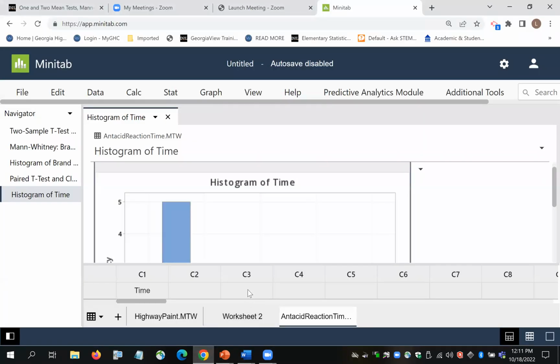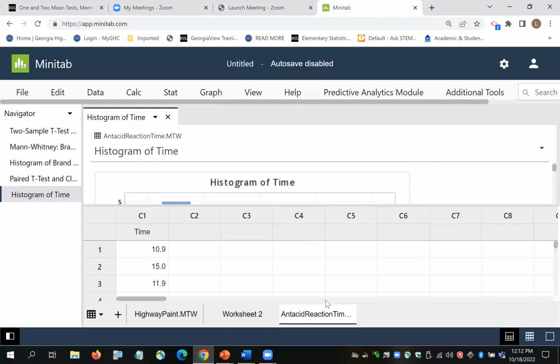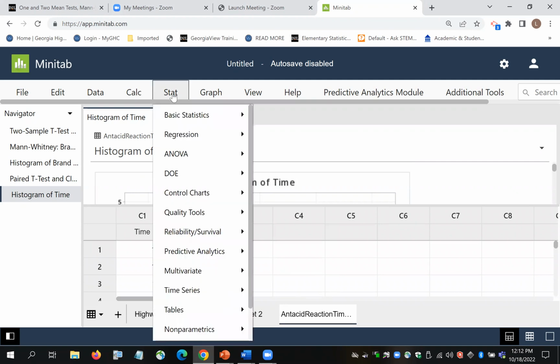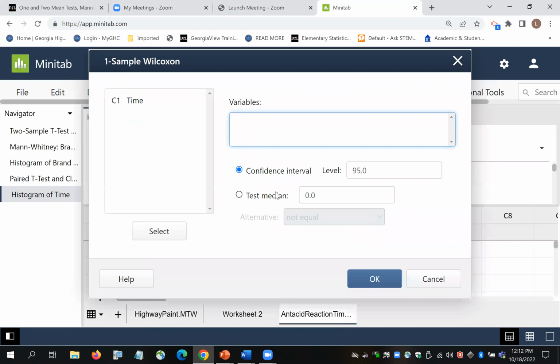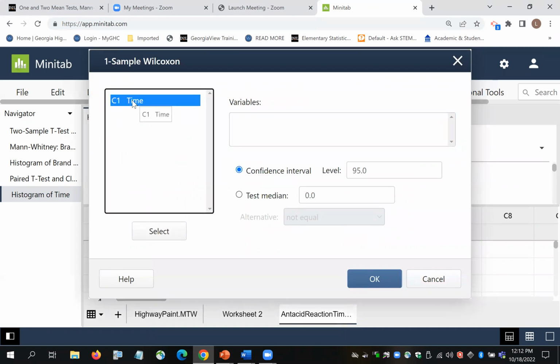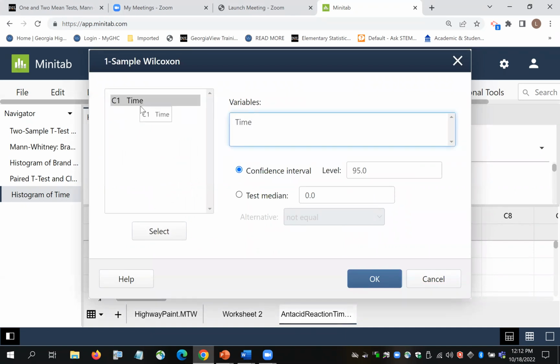So here we go. We've got our raw data, which is the antacid reaction time. We're going to go Stat, Non-parametrics. We're doing a 1-sample Wilcoxon. My variable is time. So 95% confidence.